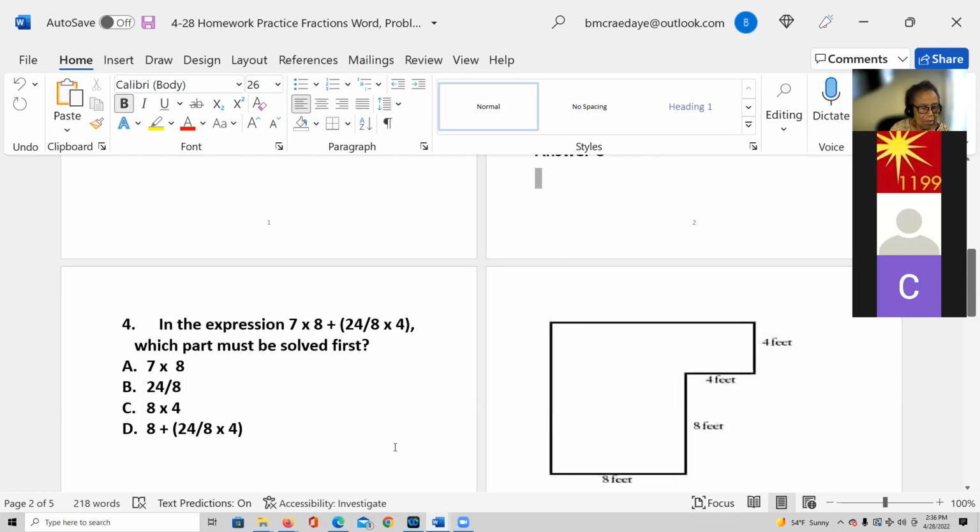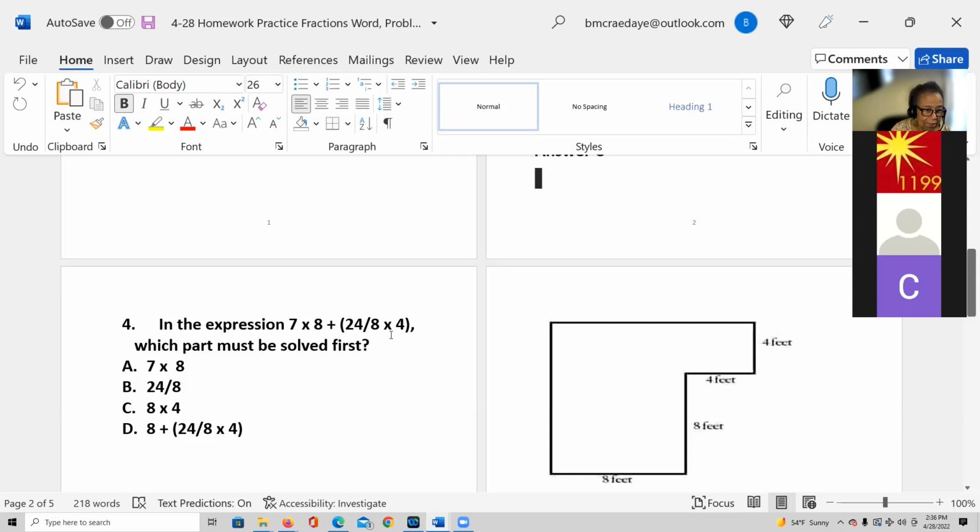Multiplication of what? 8 and 4. Nope. Remember, it's PEMDAS, but it's left to right. So if your division comes first, you're going left to right, you're going to do your division first. Even though it says PEMD, if the multiplication comes first, you do it first, left to right.